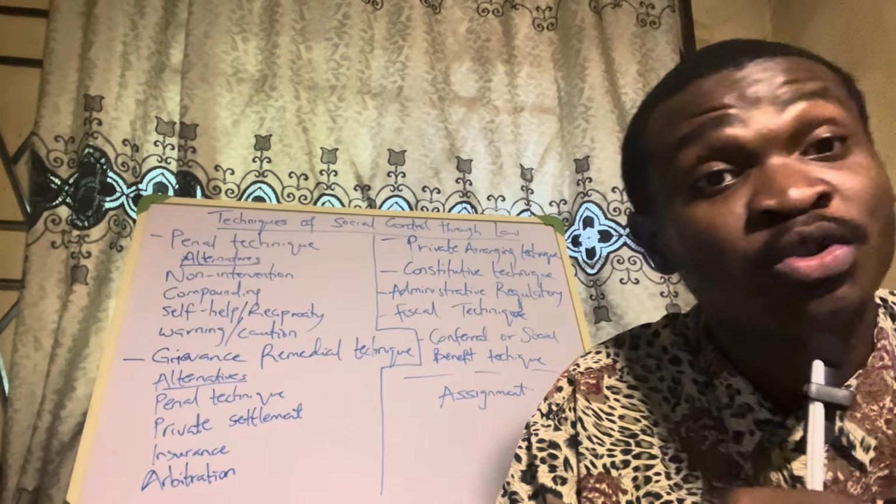So that is the penal technique. It shows how to criminalize a particular action. It shows what happens when somebody goes against that particular law. It shows the penalty, the punishment accompanying that law, and the procedure through which you are to pronounce that person guilty.